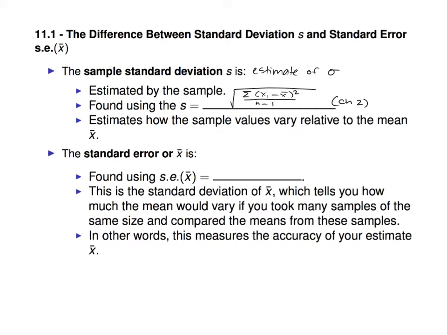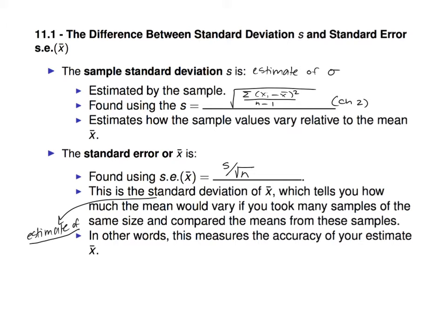deviations of the mean. Now, the standard error of x bar is found using the sample standard deviation divided by root n. This is an estimate of the standard deviation of x bar, which tells you how much the mean would vary if you took many samples of the same size and compared the means from these samples.